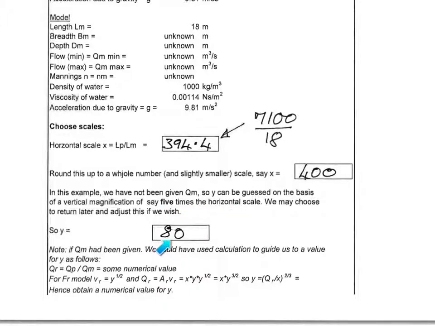That would be a number that is smaller, so we divide 400 by 5 and get 80. We'll have a look later and see that if we were given the model flow, then we can actually calculate y from that information and probably get a better or more optimal value of y on account of that. But in this case, we weren't given the model flow, we were asked to find it, so we'll have to find y just on the basis of our rule of thumb.